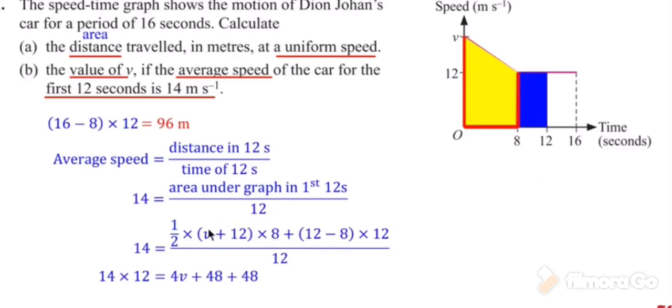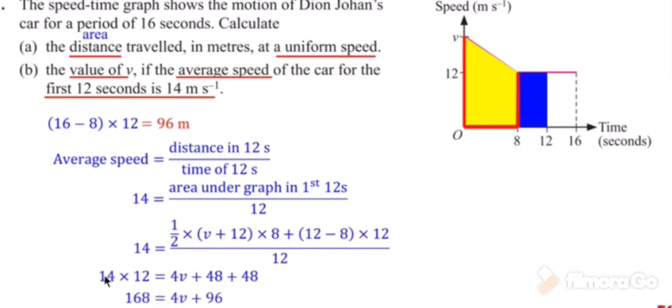So we have to double check carefully so that there is no careless mistake. Double check 4 times 12, 48, right? If no mistake, then we proceed to solve for V. So 168 equals 4V plus 96.